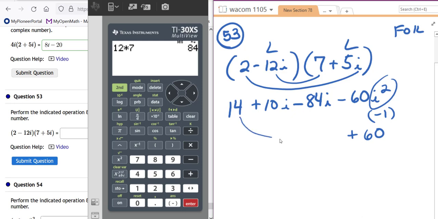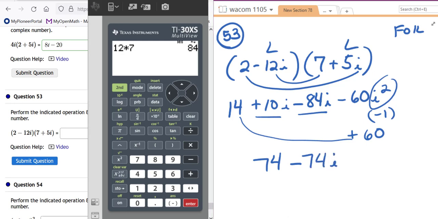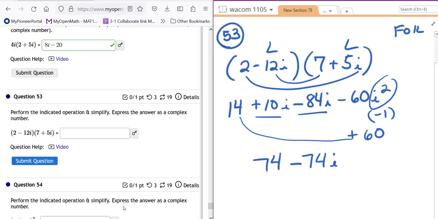All right, and then you can combine these, so this will give us 74. For your i terms, these are different signs, so we're going to subtract, sign of the larger. So 74 minus 74i.